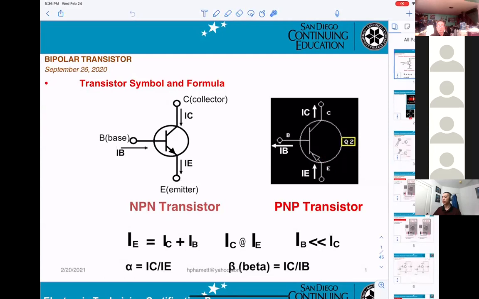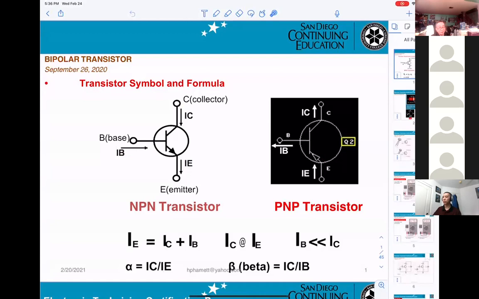And also another thing, the current. IB means the current of the base, IC the current of the collector, IE the current of the emitter. So for NPN, the IB is going in, IC is coming in, and IE will be leaving.